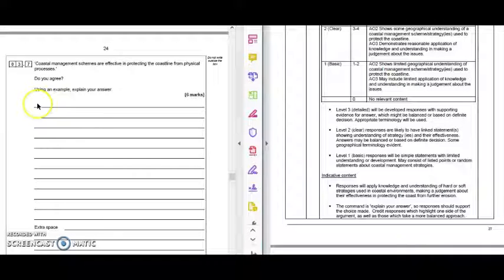So I would be writing down here Borth and Innislas, because they're the 2 beaches, that is the sort of stretch of coastline we have looked at that has been managed. I would say at Borth Beach you've got a seawall. Has the seawall been effective? Well, yes.